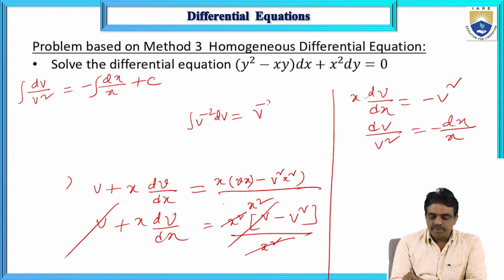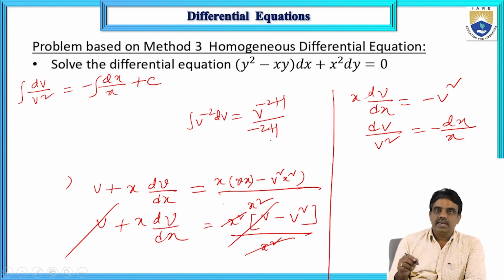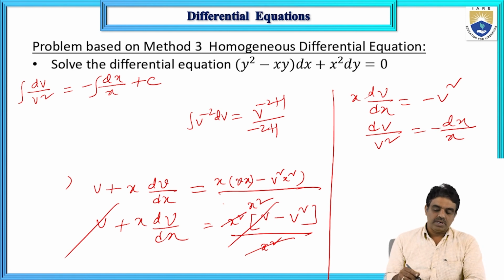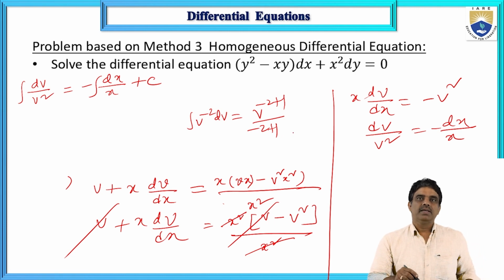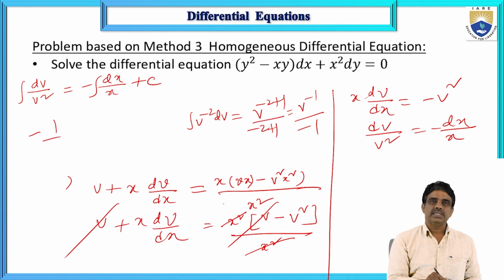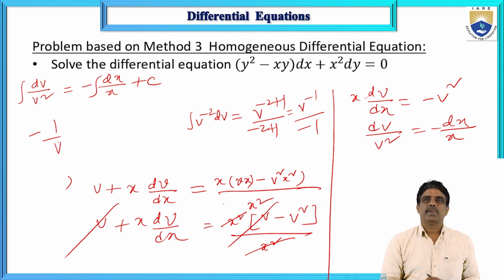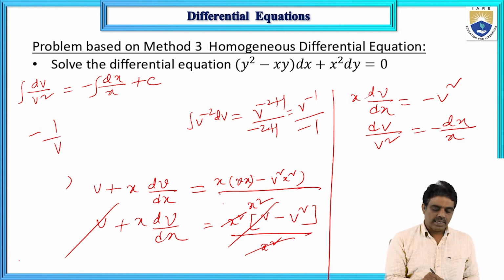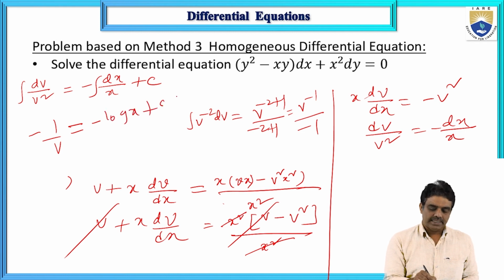So integration is v power minus 2 plus 1 by minus 2 plus 1. You know that integral x power n dx is x power n plus 1 by n plus 1. So the value is v power minus 1 by minus 1, so this is minus 1 by v. Am I right or not? On the right hand side it is minus log x plus c.